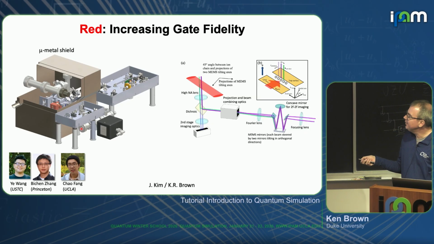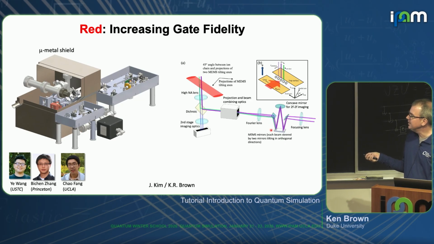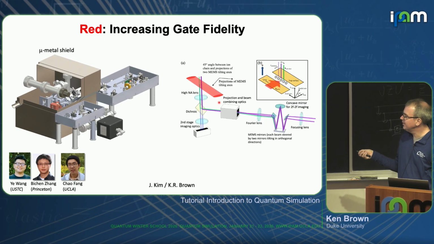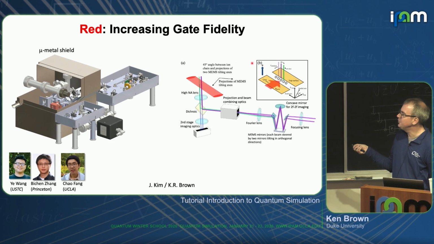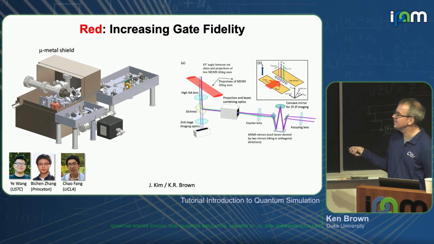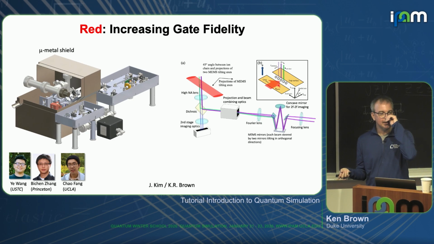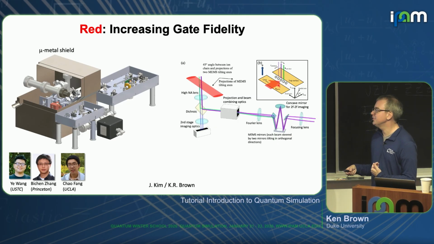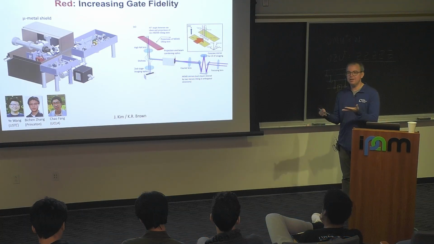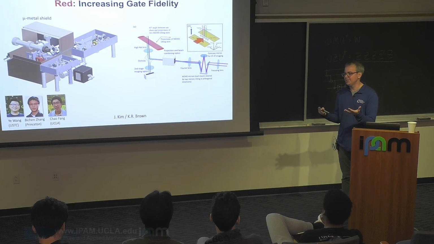It's neat in that the way we do addressing is we have these micromirror lenses that my colleague Jungsang Kim really specialized in, which allow us to put 2 beams on any of these ions in this plane. Somebody at the end of last lecture asked, why don't you just modify the Hamiltonian by having these different controls?